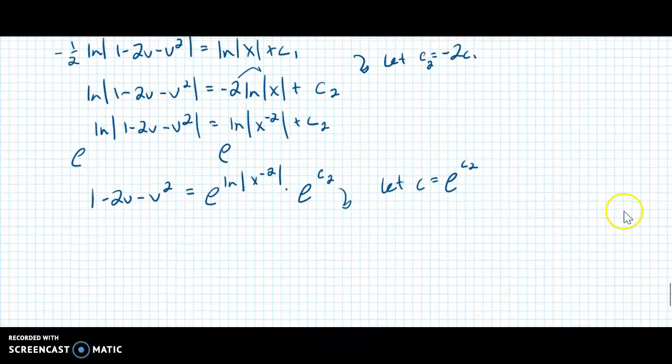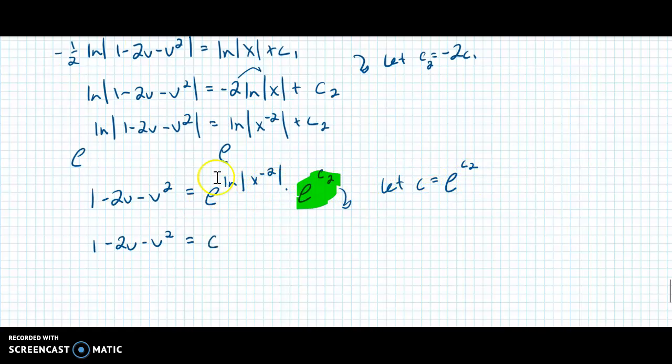So that gives me 1 minus 2v minus v squared equals, all right, now look, this whole thing right here, which is being multiplied by this, is now my new c. So I'm going to write that c, and then that gets multiplied by this thing. But look, e to the ln of this, that cancels and gives me x to the negative 2.